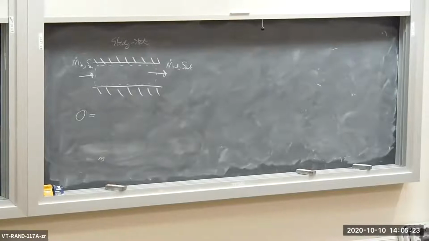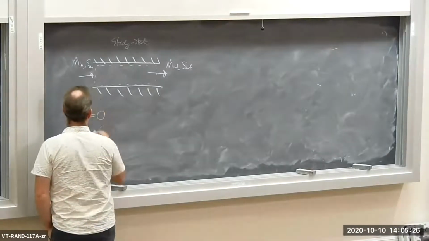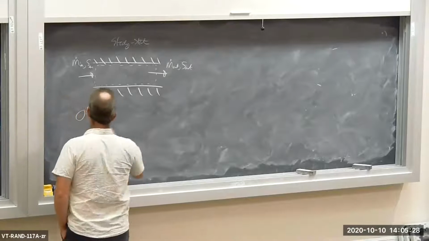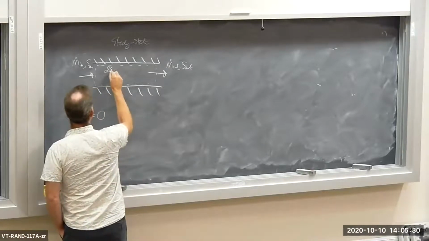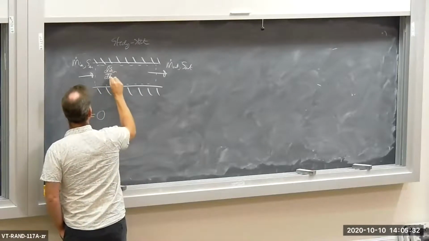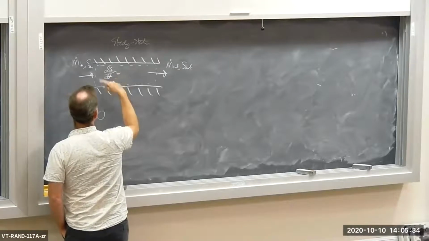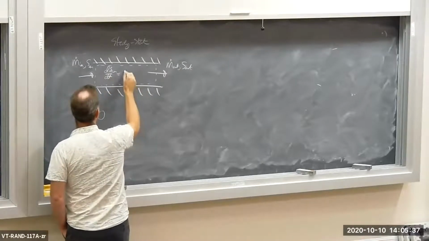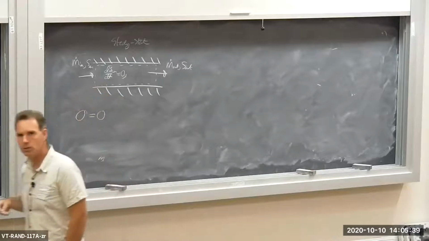So I've got a 0 here. I can write explicitly dS of the control volume dt, the change in entropy inside the control volume is 0. It's a steady state problem.